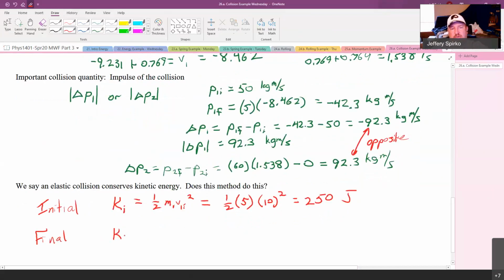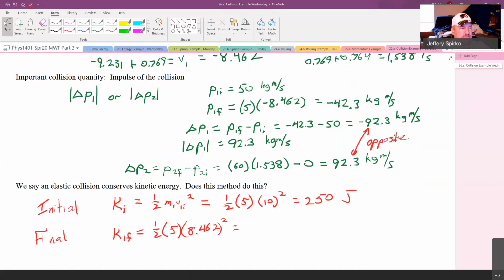K1 final is 1/2 times 5 times, what's its velocity? 8.462 quantity squared. I don't care about the negative sign because I'm squaring it anyway.